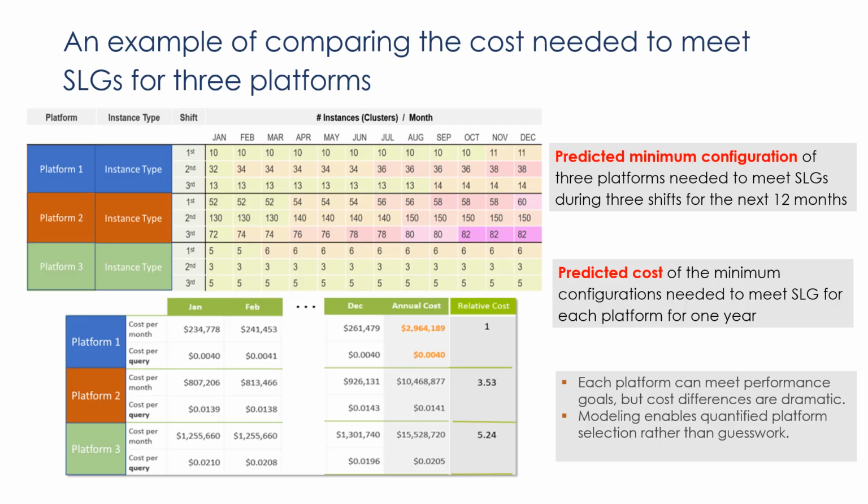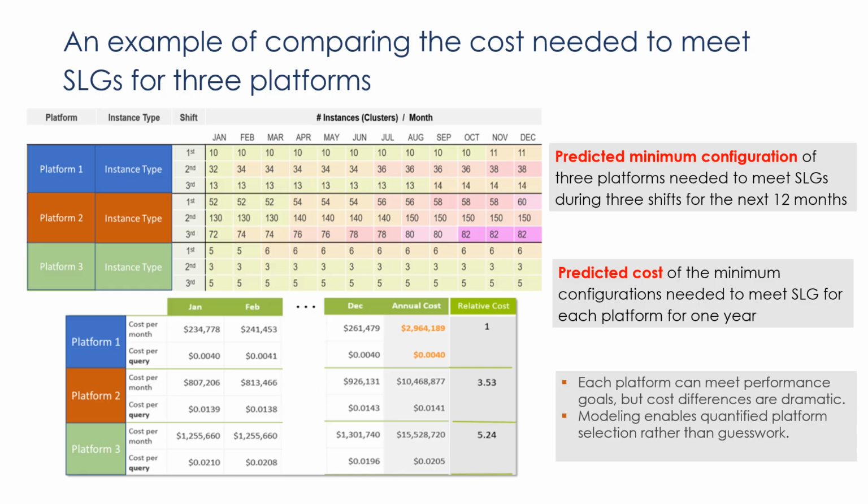This is an example of comparing the minimum configuration and cost needed to meet the business process service level goal during daytime, evening, and nighttime during the next 12 months. The first table shows the minimum configuration needed, and we can see that each platform can meet performance service level goals.